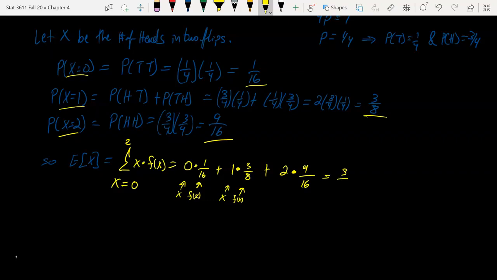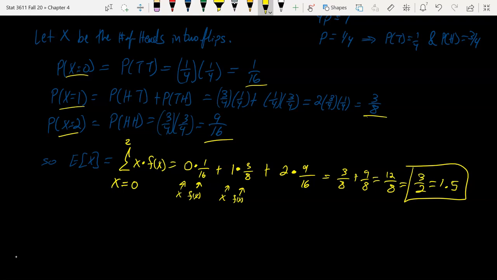Also, note the 0 times 1/16 just zeroes out. So we have 3/8 plus 9/8. That is 12/8, also known as 3/2. Or in terms of the number of heads, that is 1.5 heads. 3/2 or 1.5 heads is our expected value. There we go.